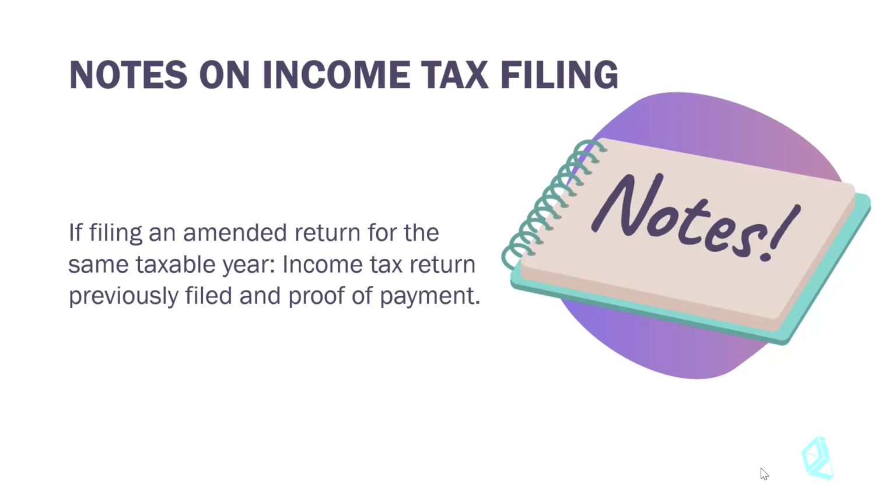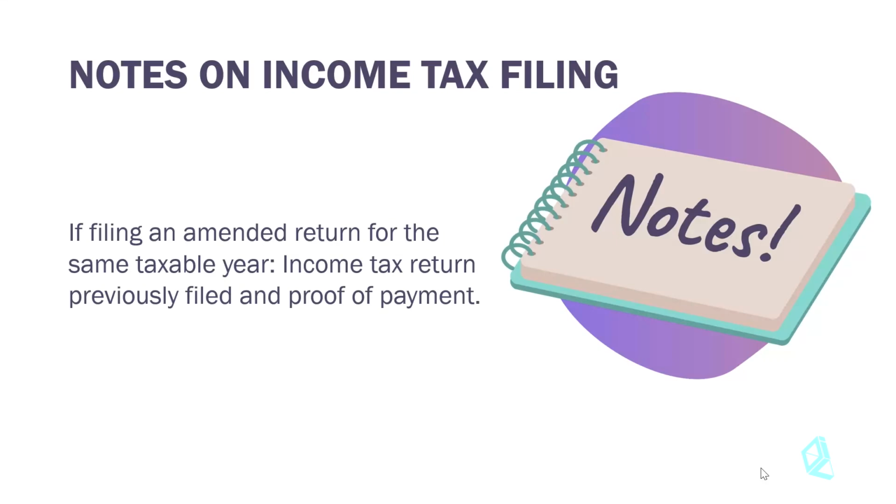So what does this mean? It means that after you filed your annual income tax return, you may still revise your previously filed annual income tax return if you saw some mistakes, and you will not be penalized for this, but you will have to pay the interest for the difference if there are any differences.